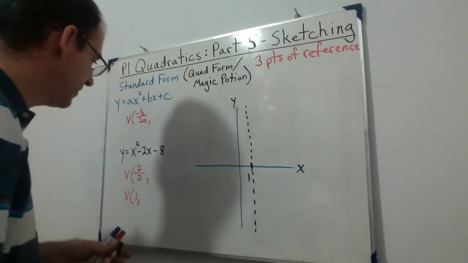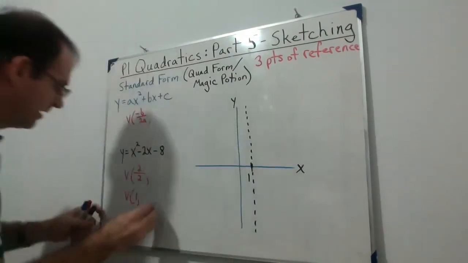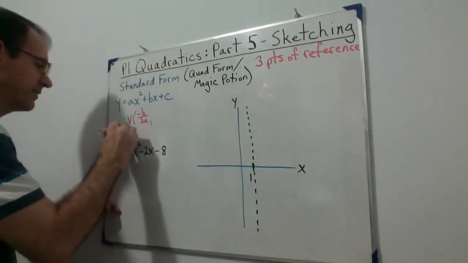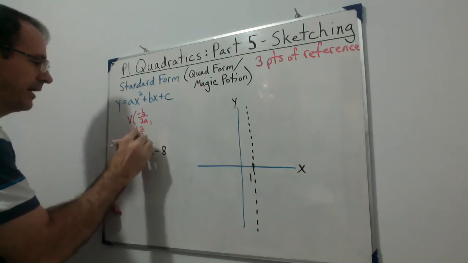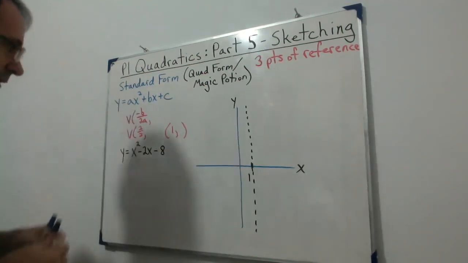To find it, all that we need to do is plug in our 1. Maybe I should have put that up here. We ended up with a vertex of positive 2 divided by 2, which gives us 1, and we're waiting for the y value.